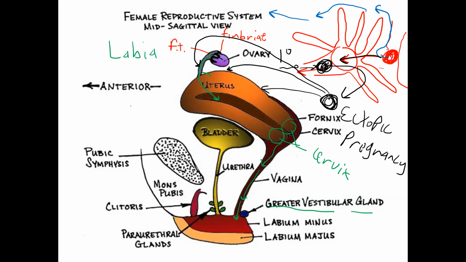So you understand why we have the labia majora, the major lip, and labia minora, which is the minor lip. The labia minora is the first lip that you'll find on the outside, and it closes off the entrance to the vagina, okay?